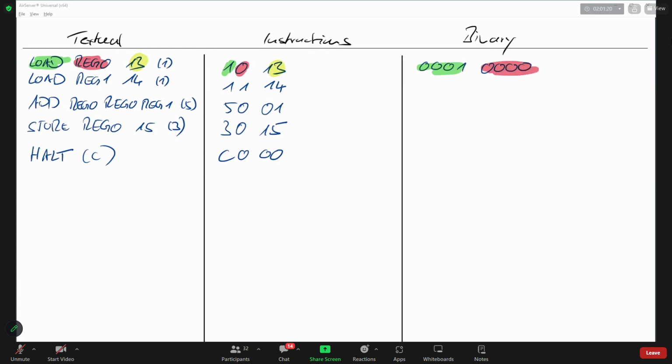Then another one, 0001. And 3 is 0011. So that's now the first line. Clear? So we are now representing these hexadecimal values as binary values.